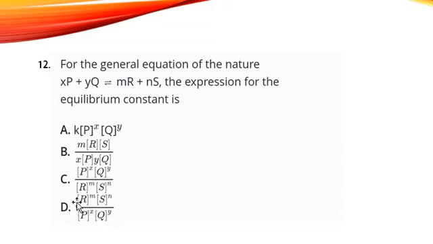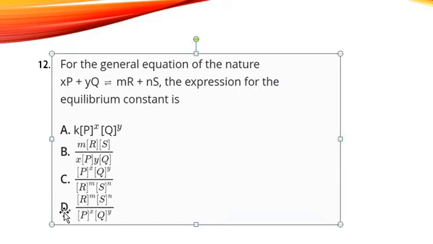So we have R in square brackets raised to the power of m, likewise S in square brackets with n as an exponent, divided by P in square brackets with x as an exponent and Q in square brackets with y as an exponent. You can simply say the products are the numerator and the reactants are the denominator. So our answer here is D.